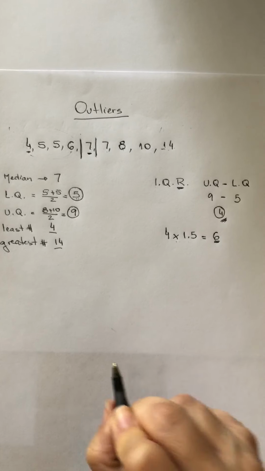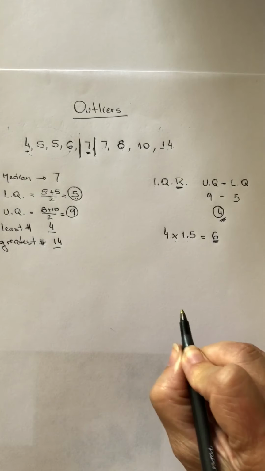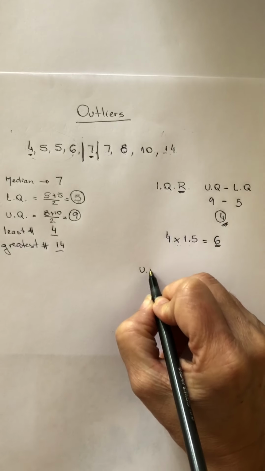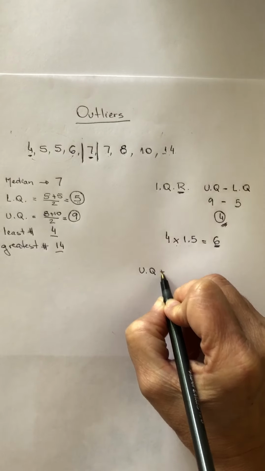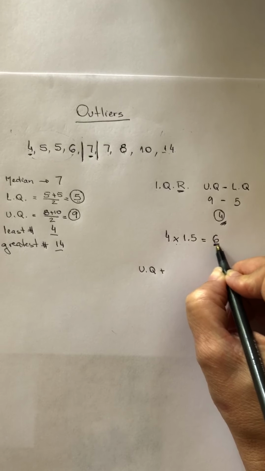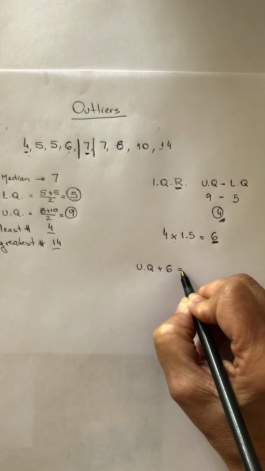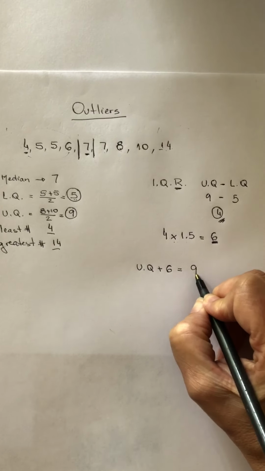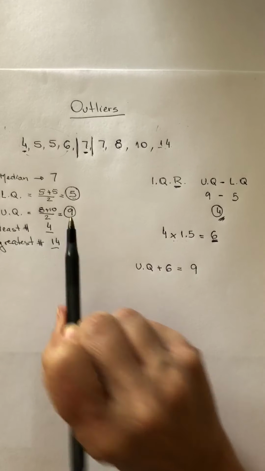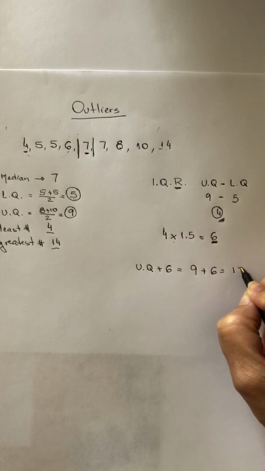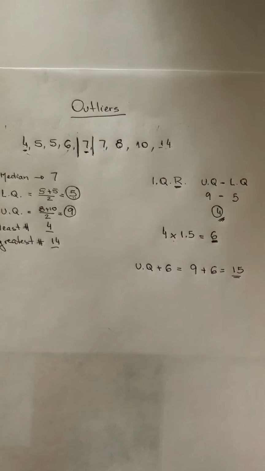For me to figure out if a number is or is not an outlier, what do I have to do? My upper quartile plus this number that I just found, which is 6. So this is going to be 9, my upper quartile, plus 6, which is 15.